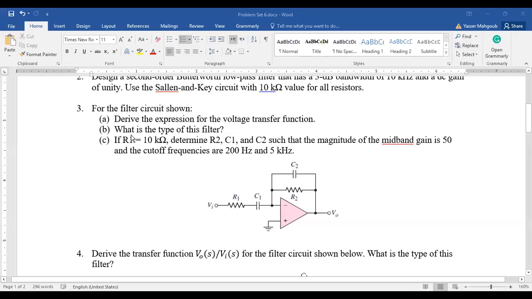The question here was, what is the type of this filter? Is it low pass, high pass, and so on? You can sometimes find it from the circuit, as we said, but it's easier to simplify the transfer function to the standard form and tell from the standard form that this is a low pass filter or high pass filter or band pass filter and so on. So yes, it's a good idea to put it in the standard form.